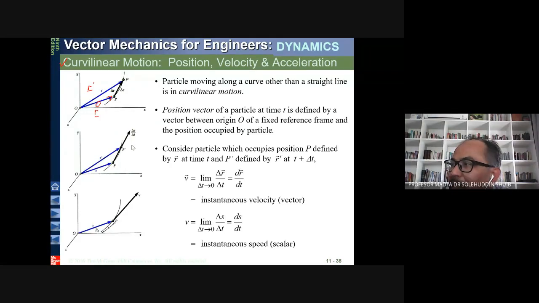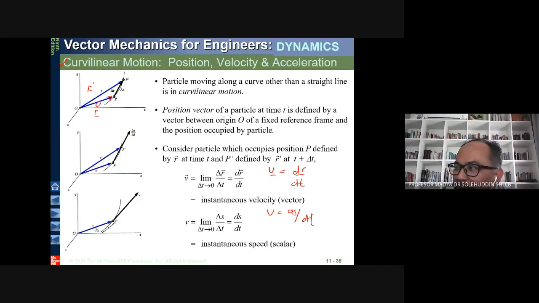And the same thing here, we call it instantaneous velocity. So we have here the velocity equal to dr dt. This is instantaneous velocity. And then here we can write ds dt.